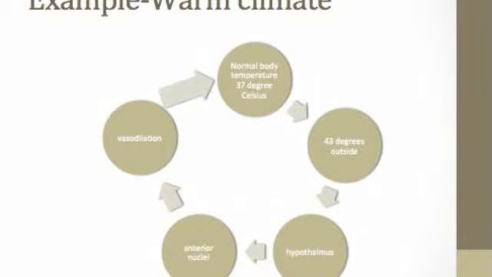Once the message is received in the heat loss center, it stimulates vasodilation. Vasodilation increases blood flow to the body surface and promotes heat loss, essentially bringing the body back to that internal temperature.